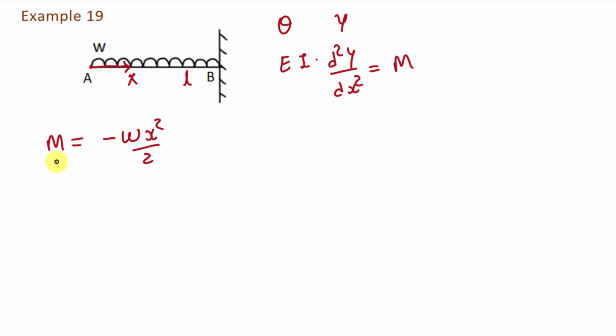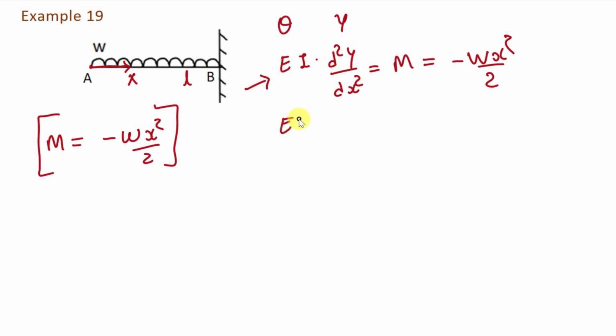Fine. If you have any doubt how to find the bending moment in this case, you can watch that lecture. Now I am going to put this bending moment here, so it will be minus wx²/2. To find the slope, we have to integrate this expression with respect to x.